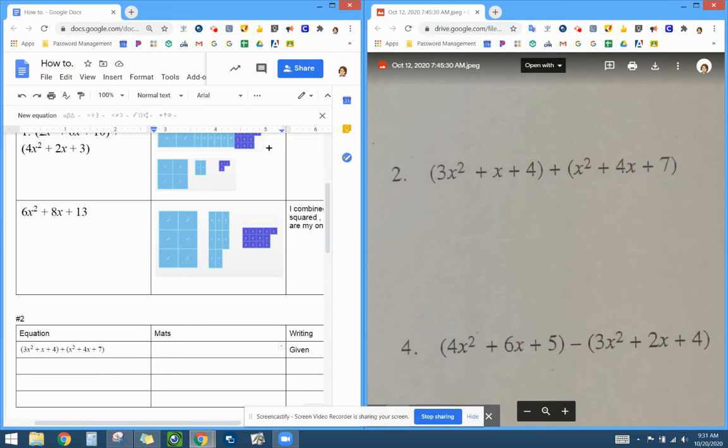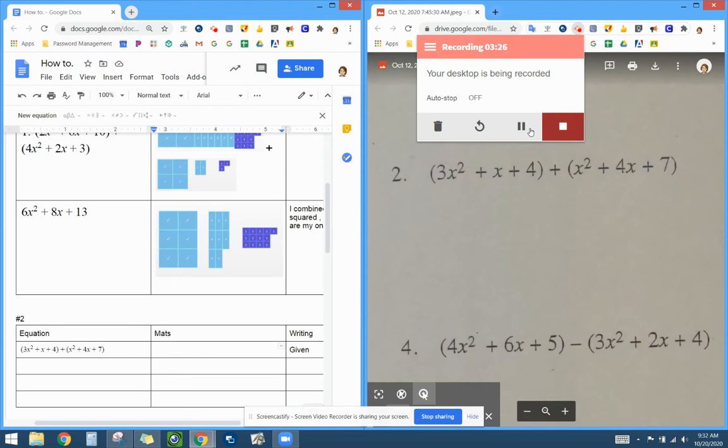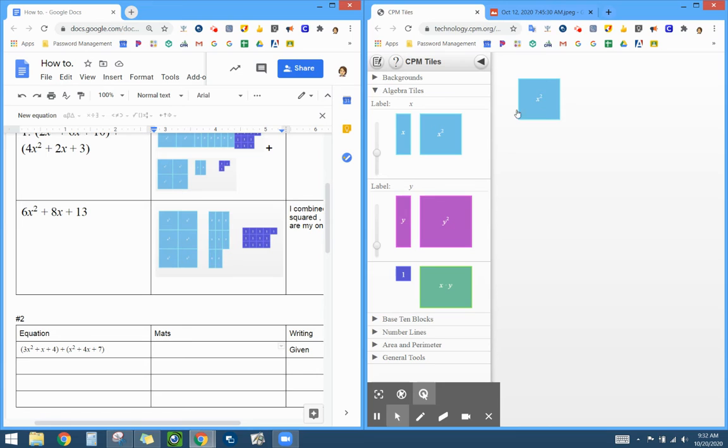Let me go ahead and move them to another side for just a moment. So here we have 1 x squared, 2 x squareds, and 3 x squareds. It says 1 x and 4 ones.